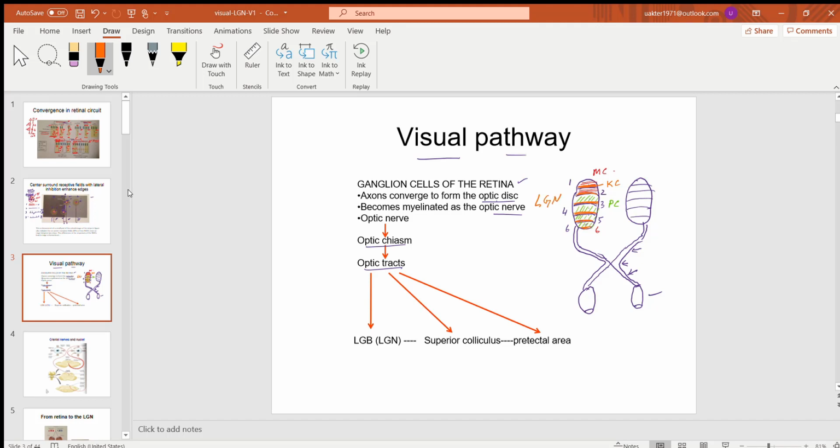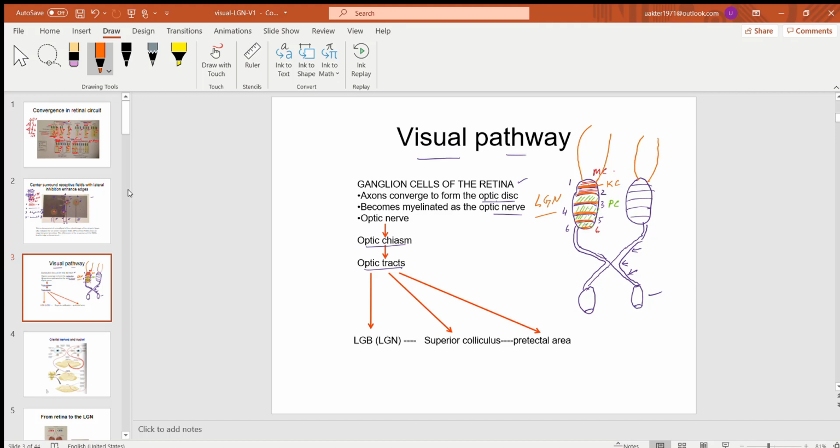And you must remember the 3 major types of ganglion cells are the midget, parasol, and bistratified. So they send signal to these layers. And also you must remember from the lateral geniculate nucleus, the optic radiation or geniculocalcarine tracts take the signal to the primary visual cortex.